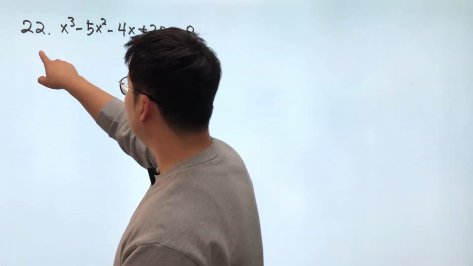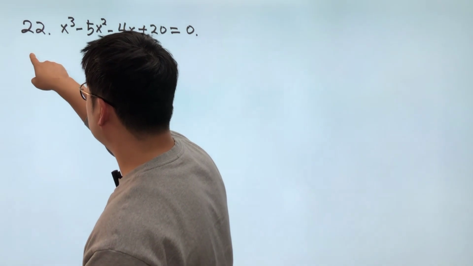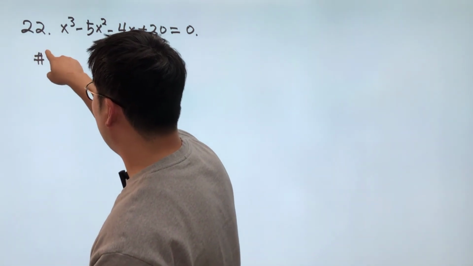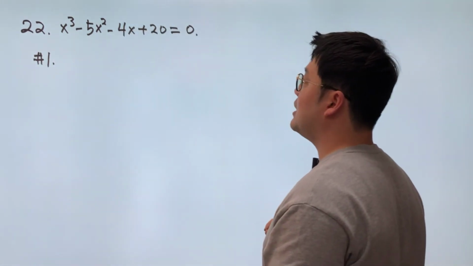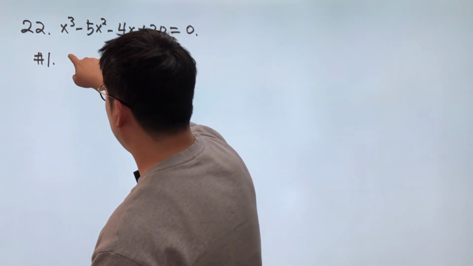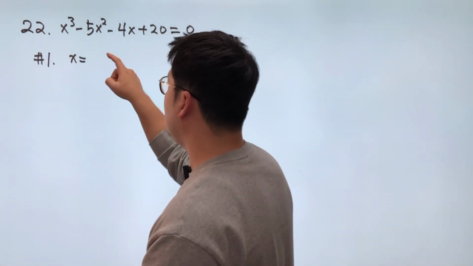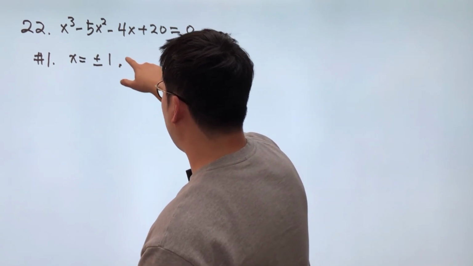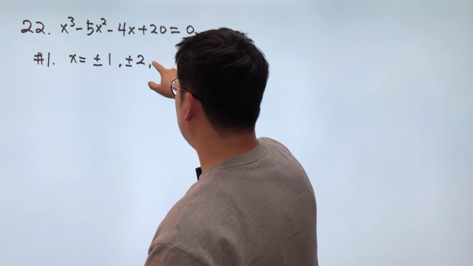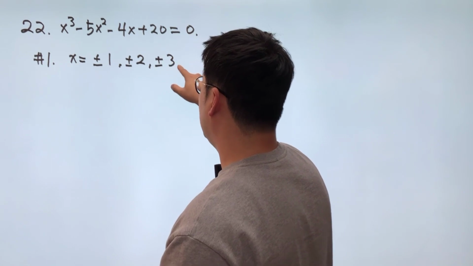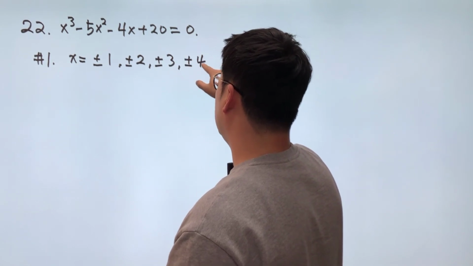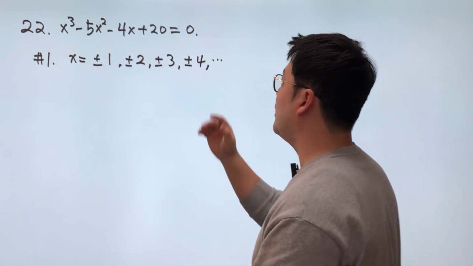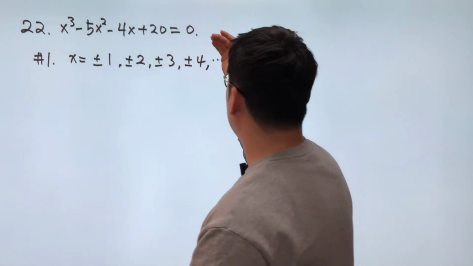So step number 1. I just need to find out that x will probably be positive or negative 1, or positive or negative 2, or positive or negative 3, or positive or negative 4, and so on. I'm not listing all those numbers, and by the way, we need to get rid of some numbers.